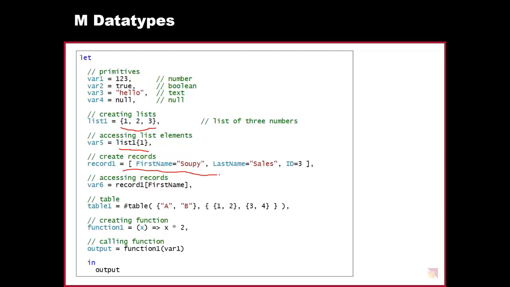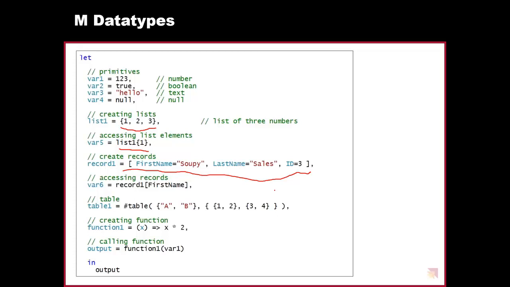Now, you also have records, and think just like a record in a database. You have a single row of data, and you have name fields that have values. So when you put in those square brackets, you're creating a record, and then you have the field name equals a value, comma, another field name equals a value.